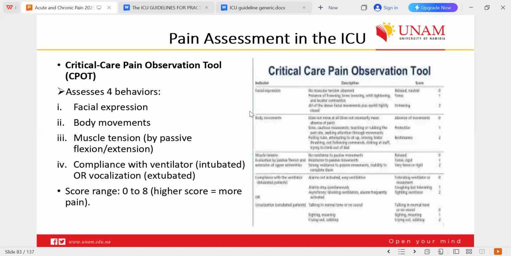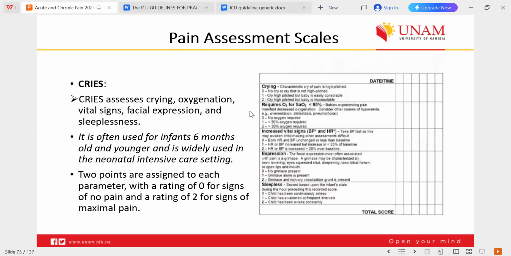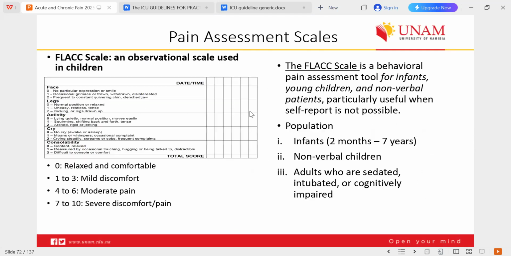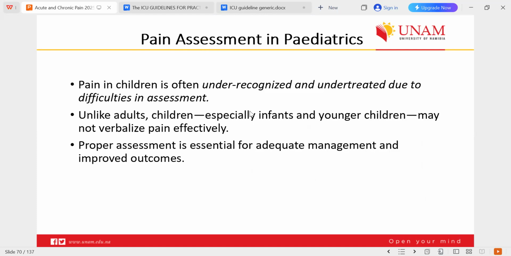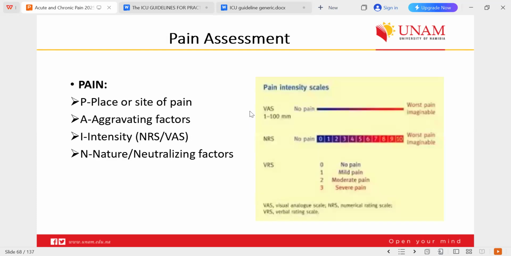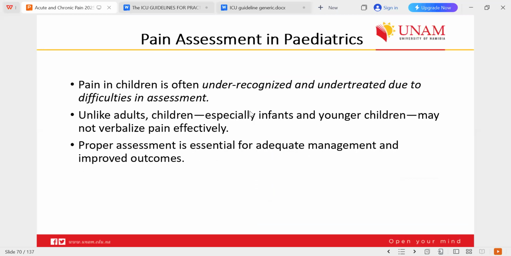Good evening, Prof. Good evening. Yes, I had a question on the CHEOPS score, the Children's Hospital of Eastern Ontario Pain Scale. Wait, I'm going there.